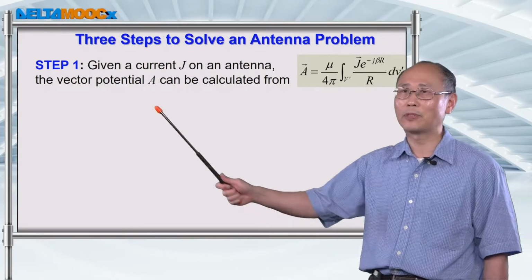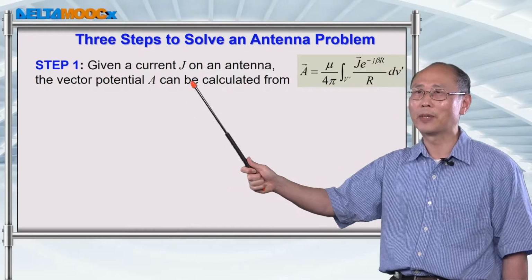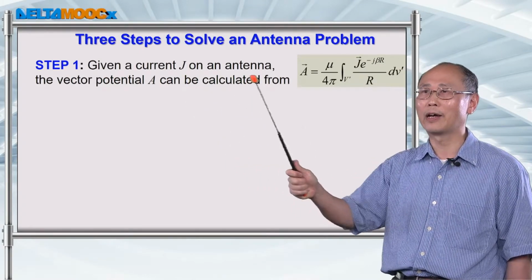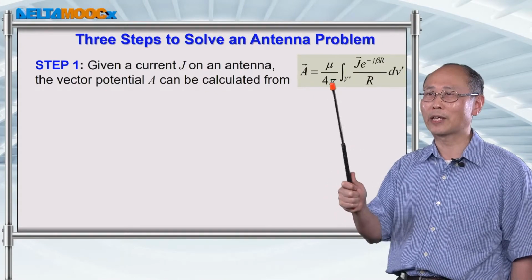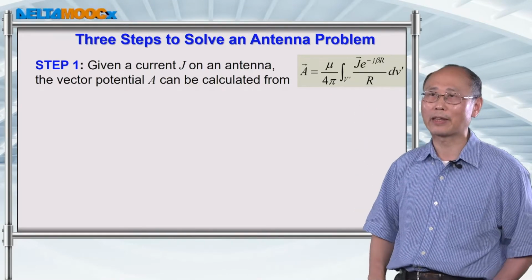And the first step to analyze the radiation field into space is that suppose we knew the current on the antenna, and then we can use this formula to calculate the vector potential generated by the current element in the antenna.